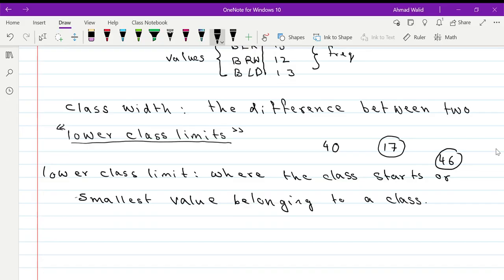The smallest value belonging to a class, we call it the lower class limit. Also, we have upper class limit.